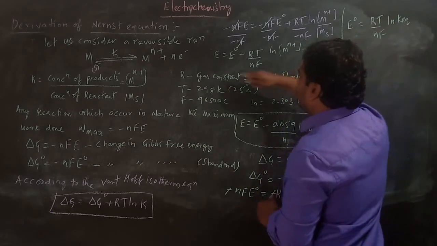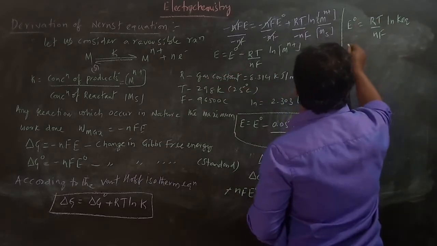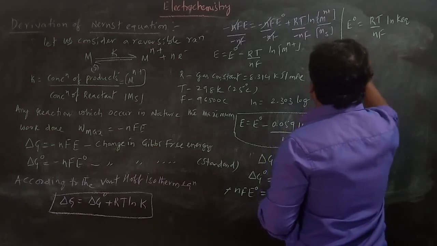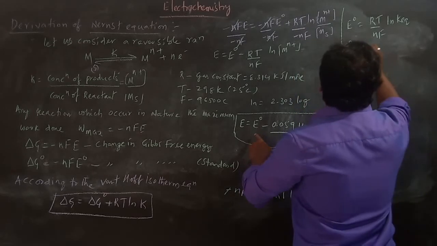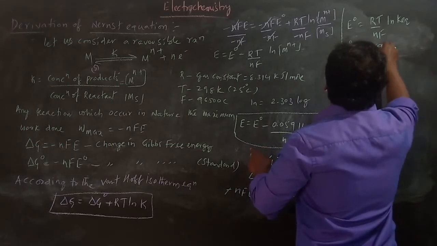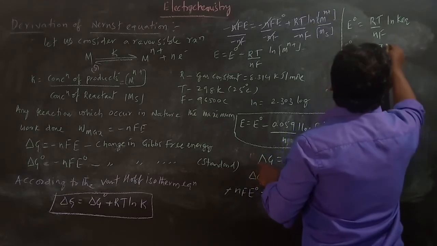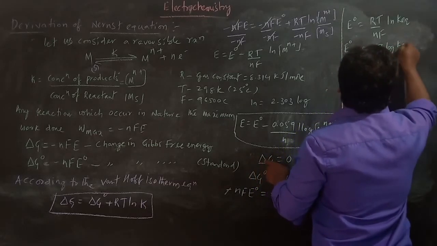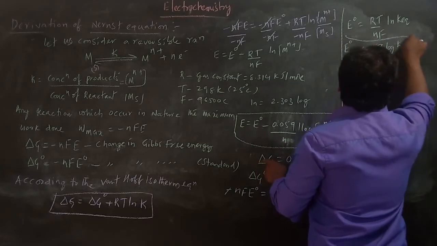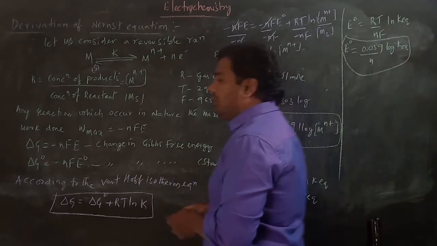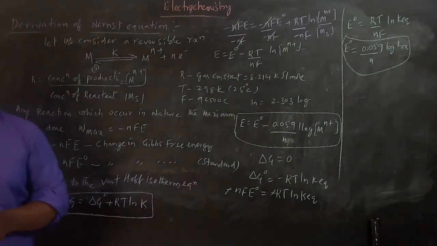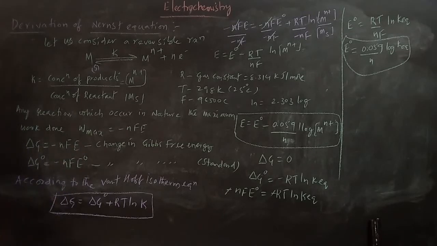We will substitute all this information into this equation: E naught is equal to 0.059 by n into log K equilibrium. This is the equation for the reaction in equilibrium condition.